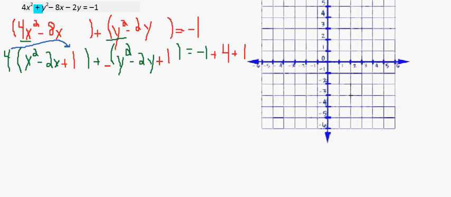Okay, now just like we do with the circles, we factor. So I have 4 times x minus 1 squared plus y minus 1 squared equals 4.